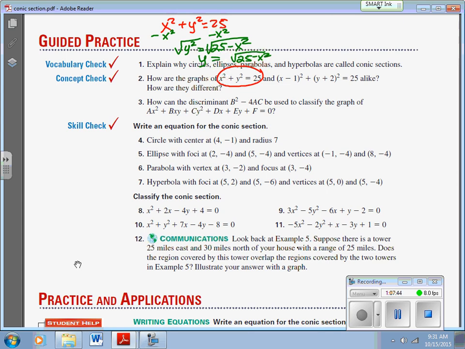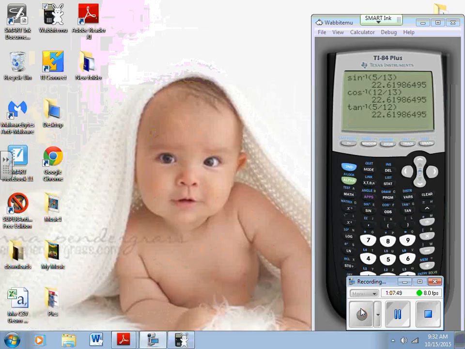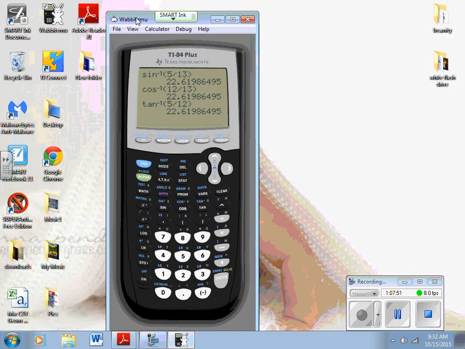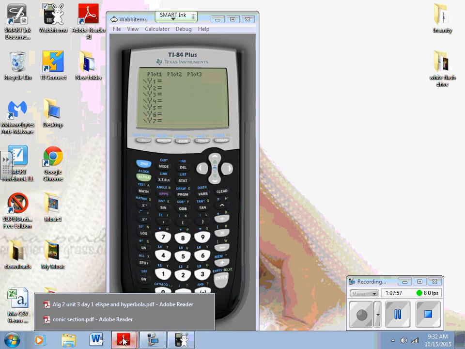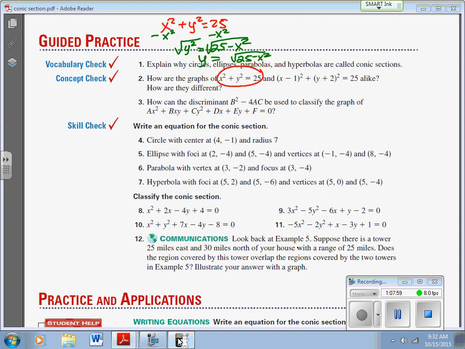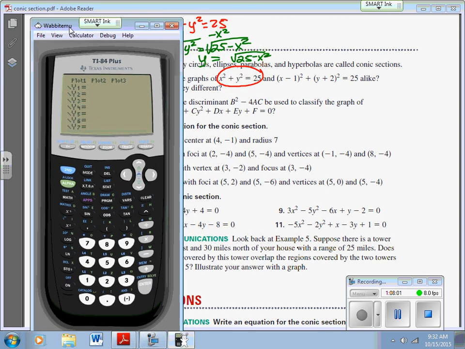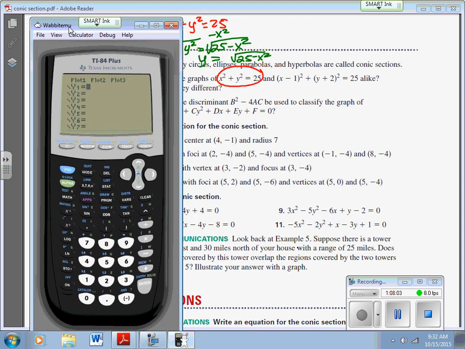Let's get your graphing calculators. All right, let's type in y equals the square root of 25 minus x squared. You go ahead and type it first and see what you come up with.